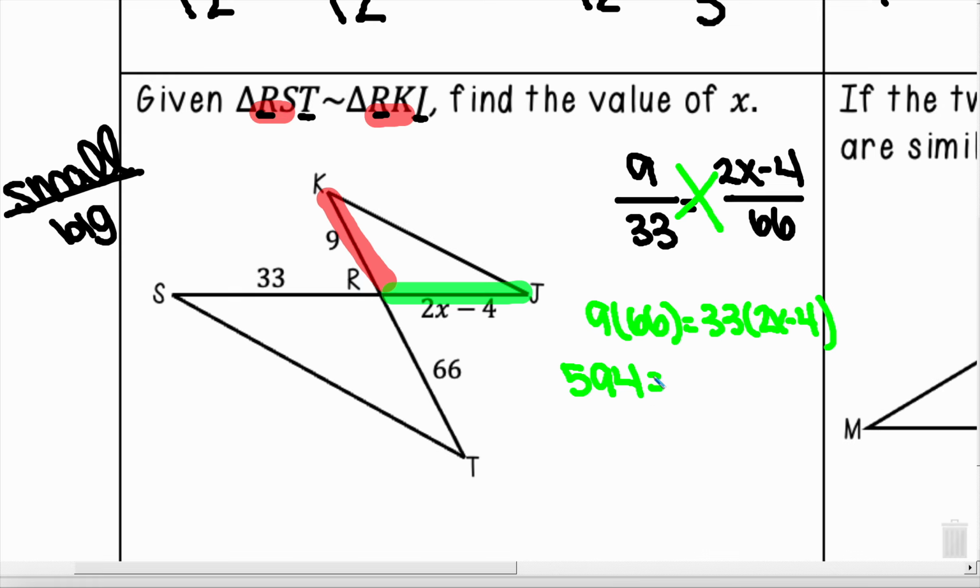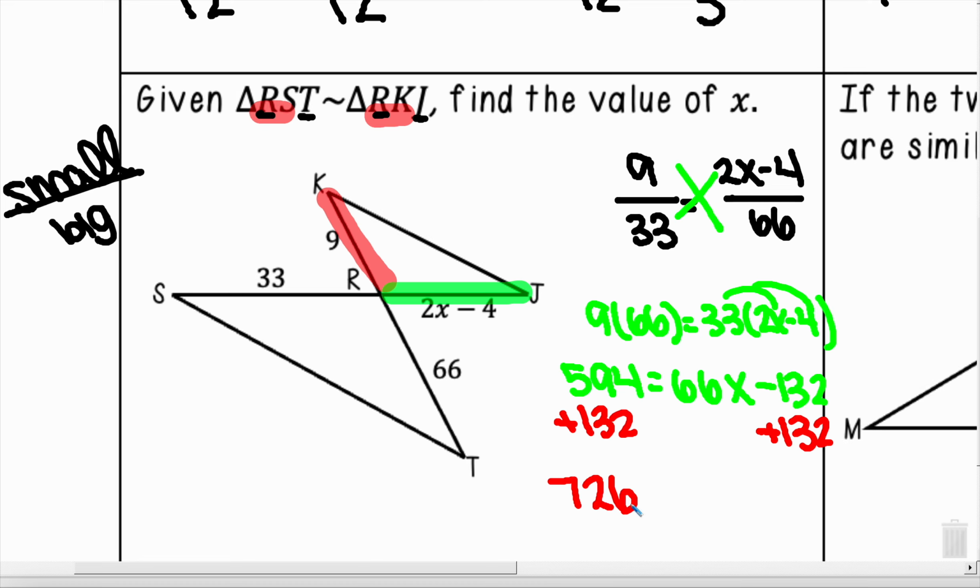And 33, you got to distribute it, times 2, so that's going to be 66x. Minus 4 times 33 is 132. And then I'm going to add the 132 to the other side. 594 plus 132, 726 equals 66x.